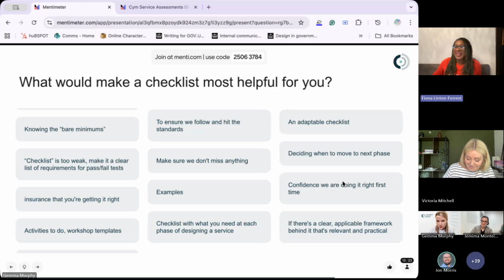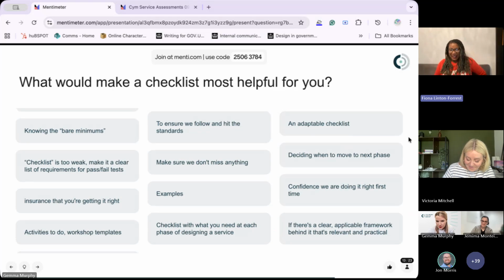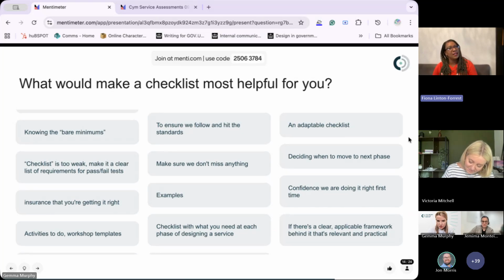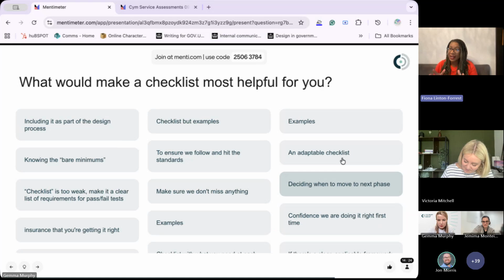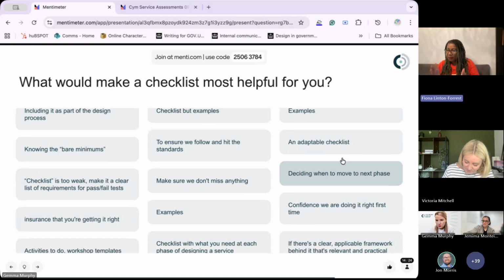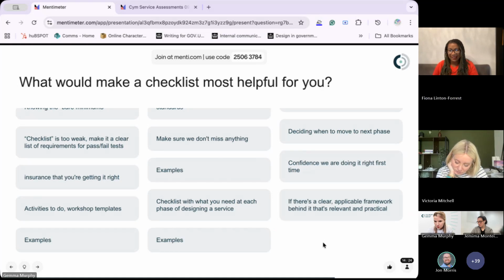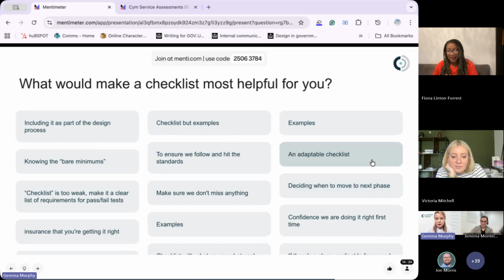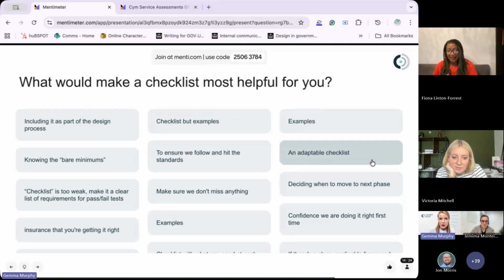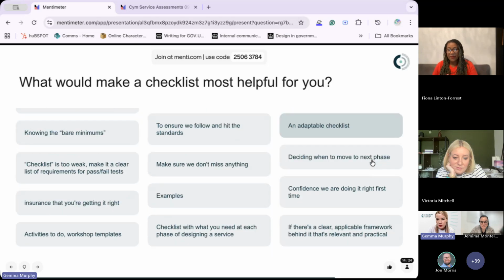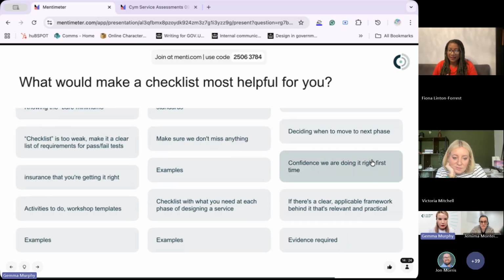Again, that didn't come up in the research, but it's interesting because the standard is set. So what level of adaptability are people thinking of? If anyone wants to come off mute to talk about what they've put in, that'd be really helpful. And again, we can open it up for a discussion.